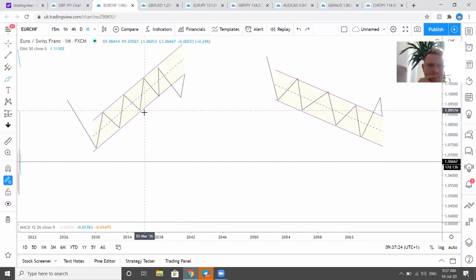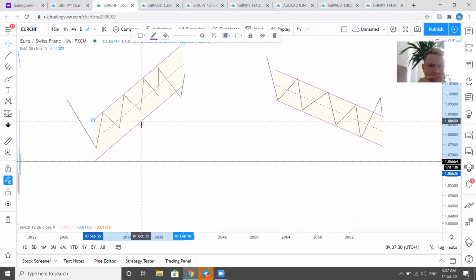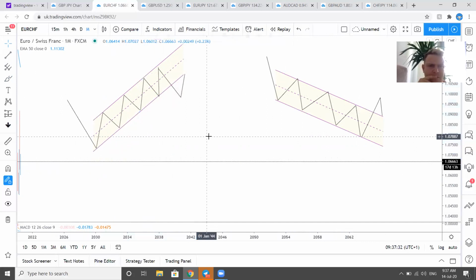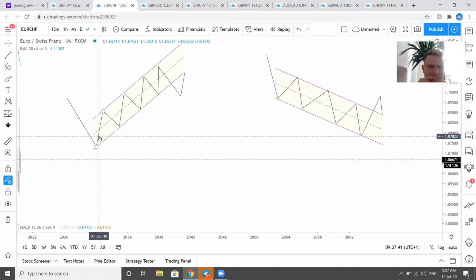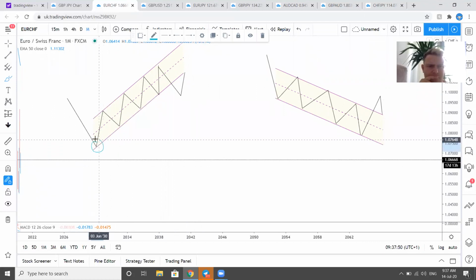So the physical depth of this channel itself is realistically what is going to determine how much of a sell-off or a bull run there is. Now, when I say we want to know the wave one, so wave one on this is obviously we've moved into the channel, we have rejected here, we've punched up and rejected here.